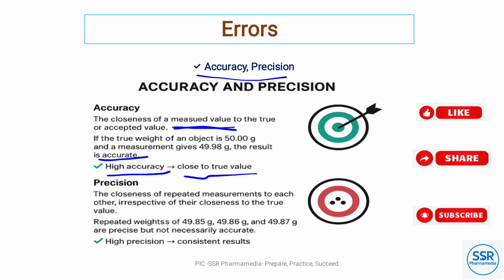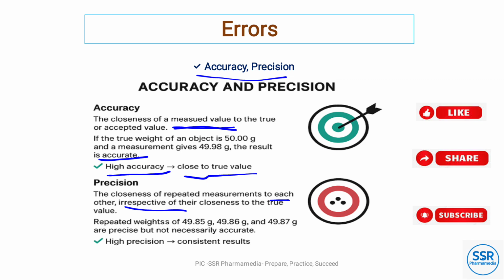Precision means the closeness of repeated measurements to each other. When we take readings four or five times, they should be close to each other. That is the closeness of repeated measurements to each other, irrespective of their closeness to the true value.